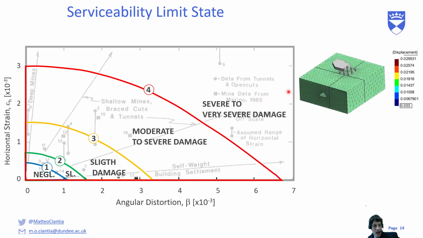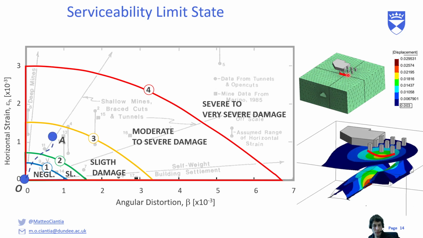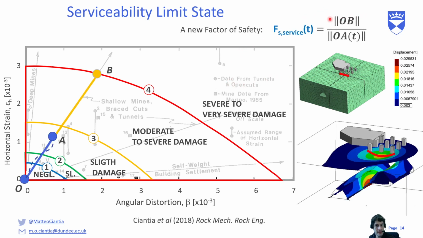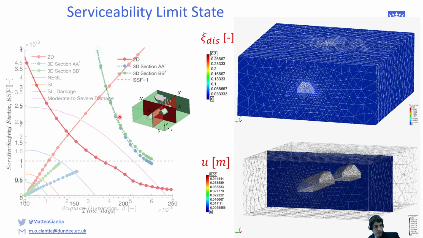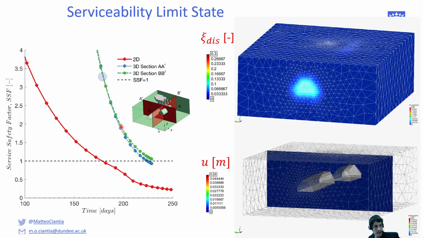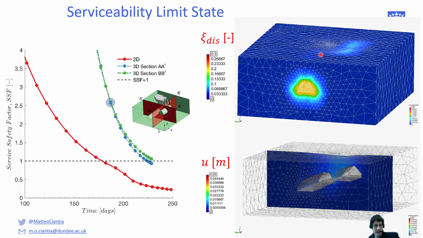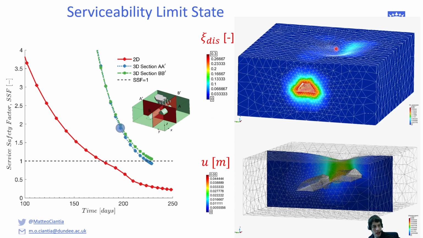Basically, if we have the angular distortion, for example, below this part of our building, we can define the factor of safety as the distance OB, so the distance from the origin to the very severe scenario, over OA, which is the current state, and do numerical simulations whereby the factor of safety will evolve because of the surface settlement and angular distortions until the factor of safety is 1.